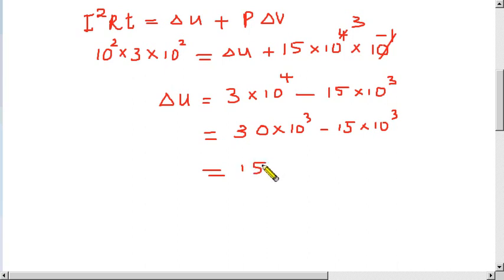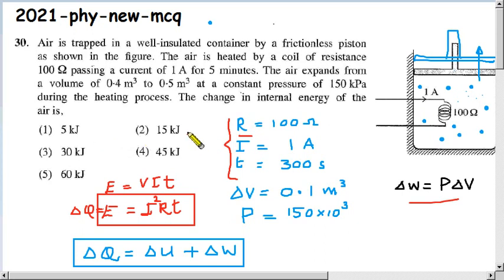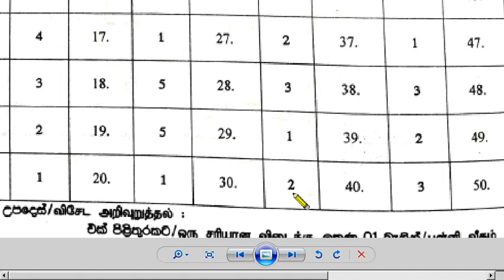Internal energy change is 15 times 10 power 3 joule. If we write it in kilojoule, because the answers are in kilojoule, it is 15 kilojoule. So this is the answer, the second one. Let us check, yes, the second one.